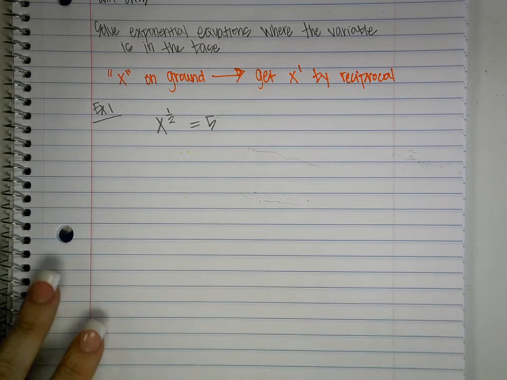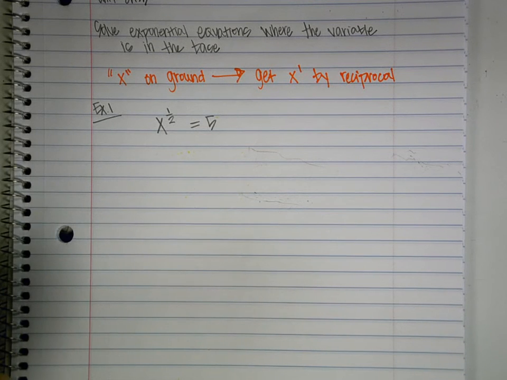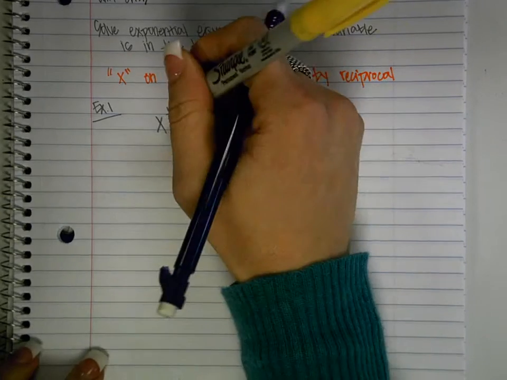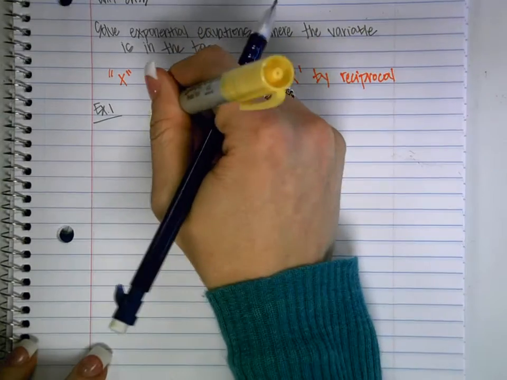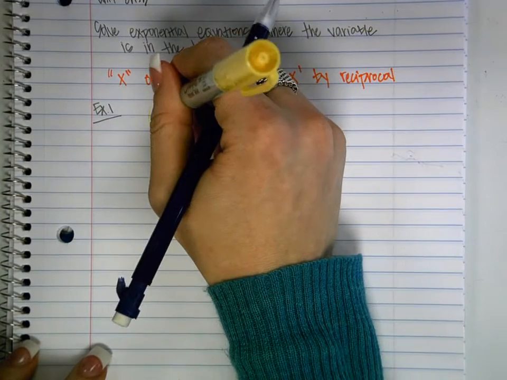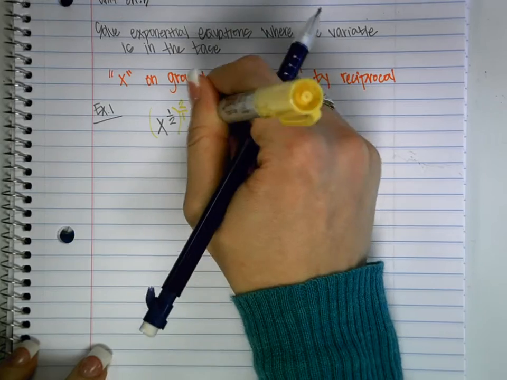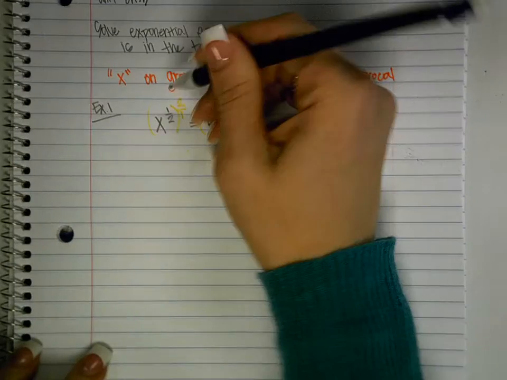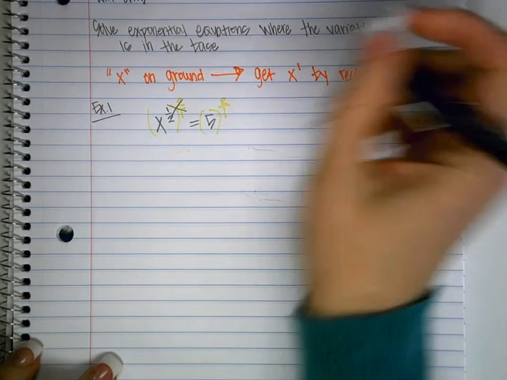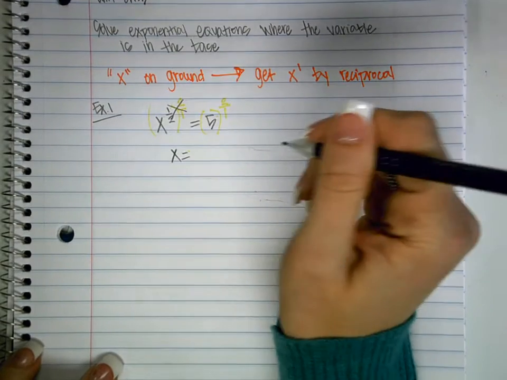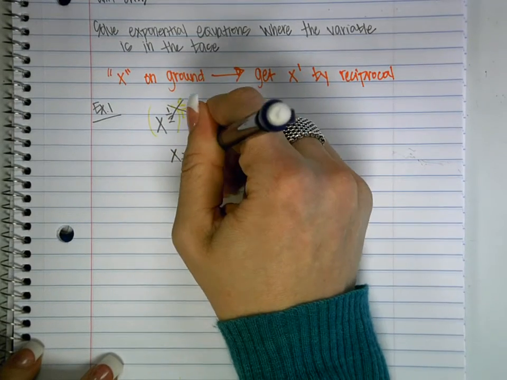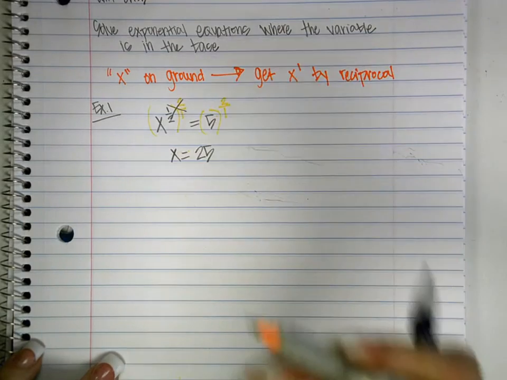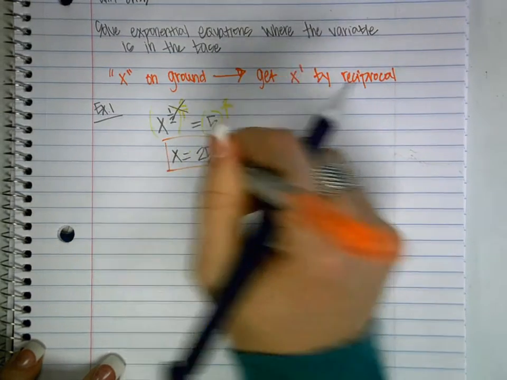Take this to the reciprocal power. What's the reciprocal of 1/2? 2 over 1. So we take this to the 2 over 1 power. Do we really have to write the 1? No, but it's okay if you do. These will cross-reduce one another. We get x equals 5 squared, which is 25. Remember, we're doing 5 squared, not 5 times 2.